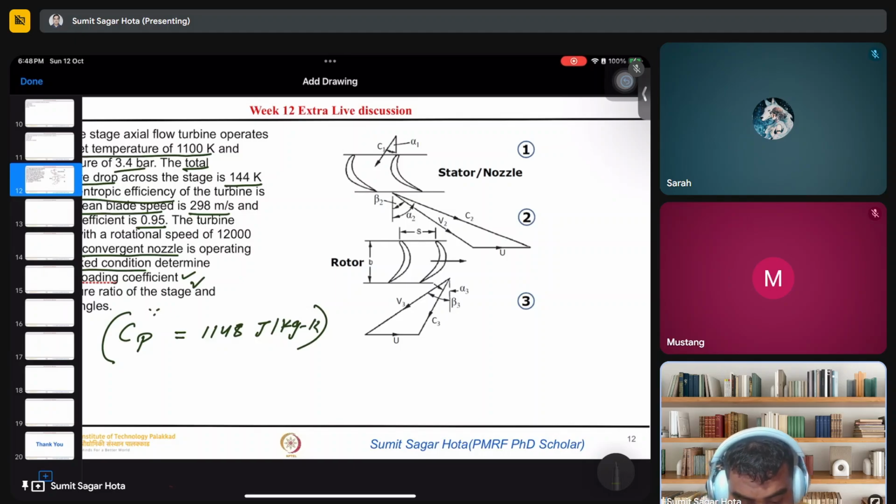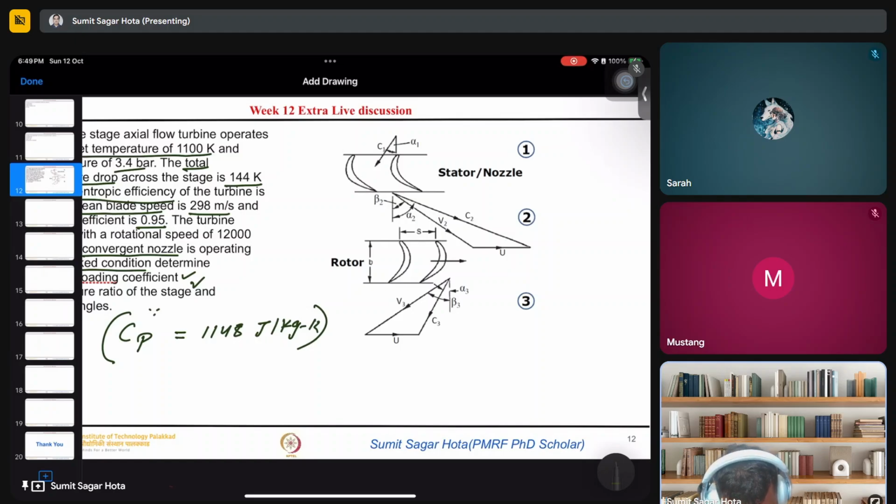Okay, so if we can calculate the cos alpha 2, the cos alpha 2 will be CA by C2, because axial velocity divided by the C2.